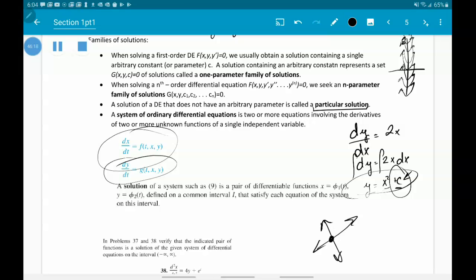It had an x value and a y value, and that point had to work in that first equation and that second equation. Systems of differential equations are kind of the same way. We're asking what functions would satisfy both that first and that second differential equation. And that solution, if we wanted to verify it, would have to work in both of those differential equations.